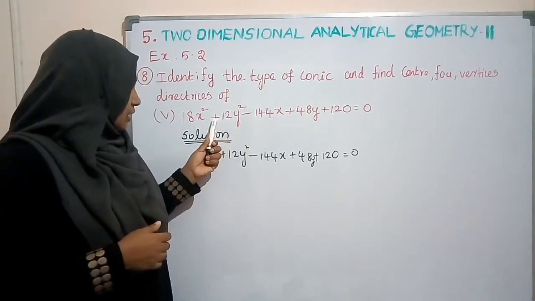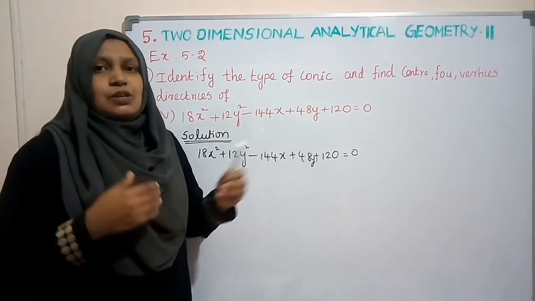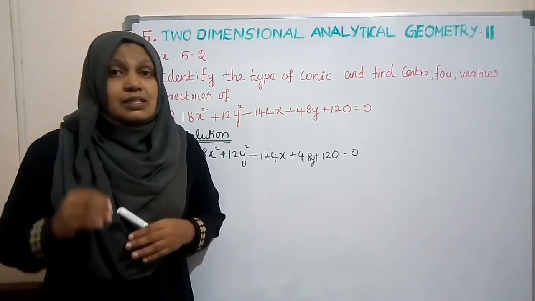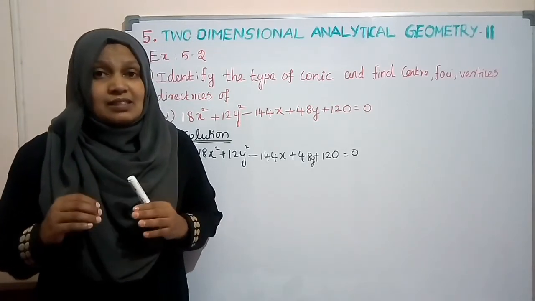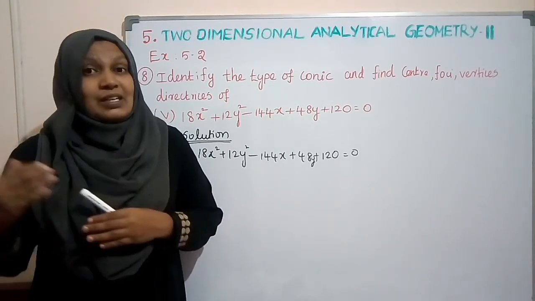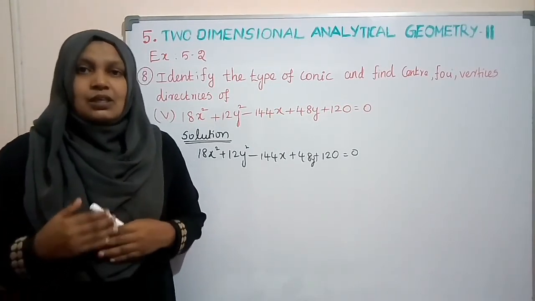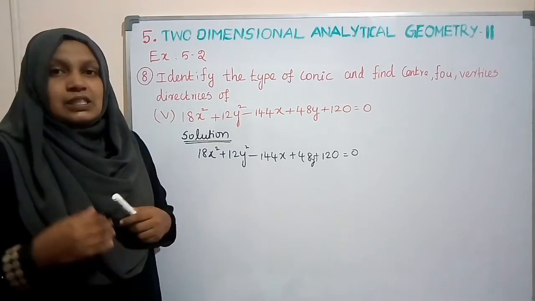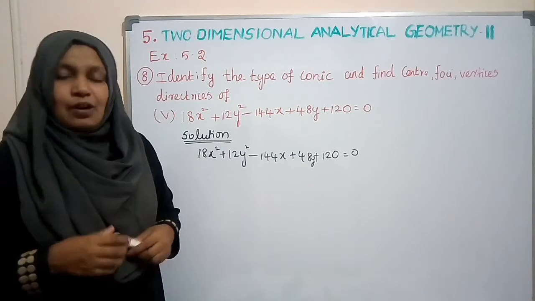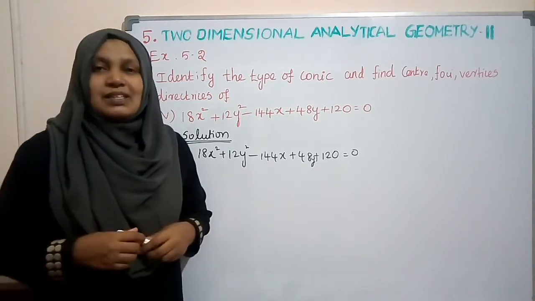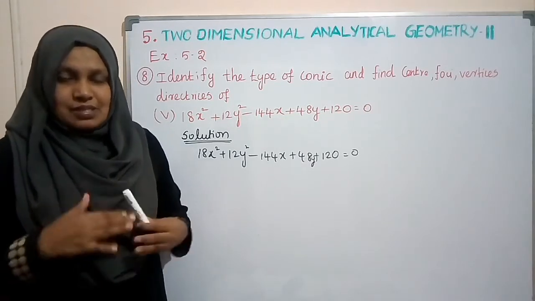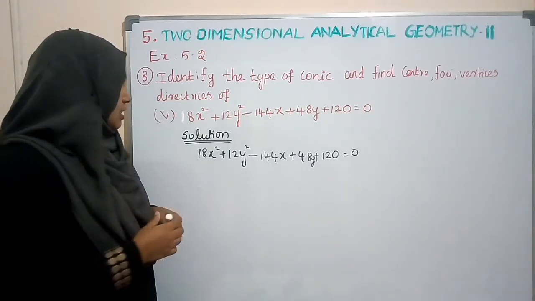If the equation is like this, that is, you have x square, y square, x, y terms and a constant term, it is of the form where the center is at h comma k, that is x minus h the whole square plus y minus k the whole square. First we convert it into the form of x minus h the whole square by a square or b square plus y minus k the whole square divided by b square or a square, first form or second form. We can convert this equation.